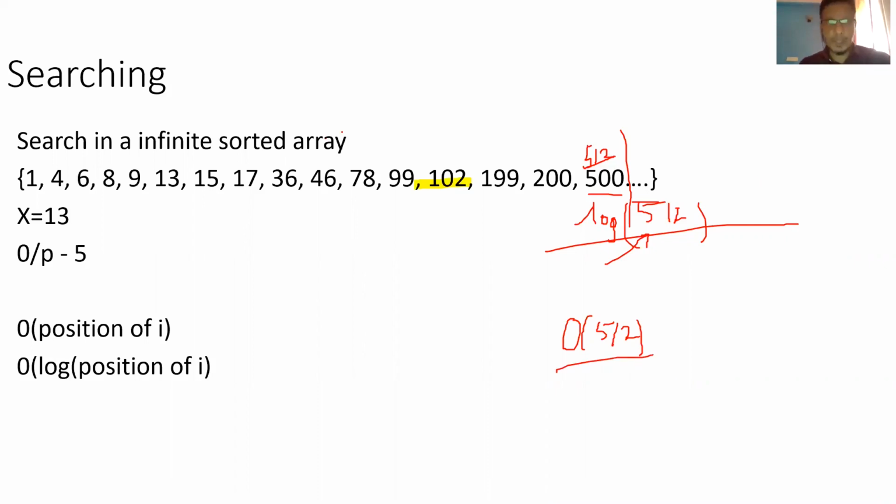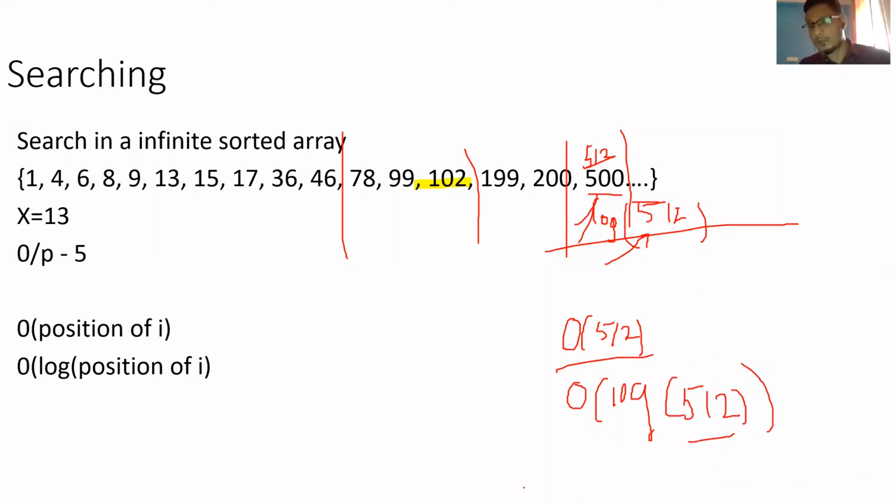But if we use it logarithmically, I will keep dividing my array like this, and I will hit this 512. So it will be log of 512 anyway. Because 512 is a constant number that I have taken here, it will be big O of 512 position. So I can say position of I. That will be the worst case.